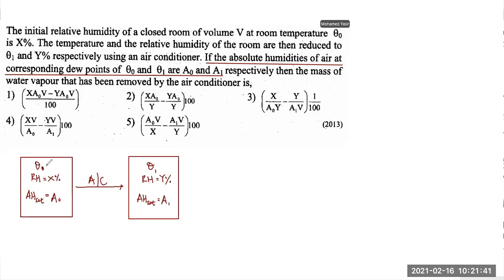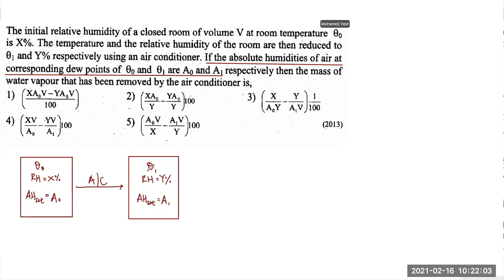For theta naught, there will be a corresponding dew point for this room. Now, this room is at 28 degrees Celsius, but the dew point for this room might be 24. At that dew point, the saturated absolute humidity is A naught. For theta 1 temperature, RH has a certain value; this room is not saturated.